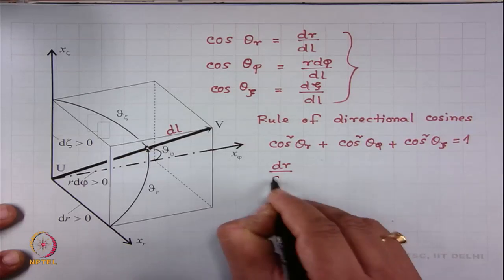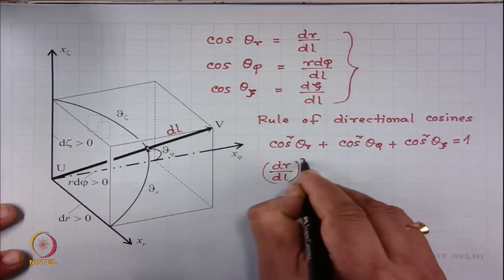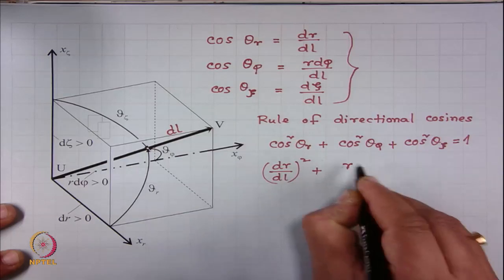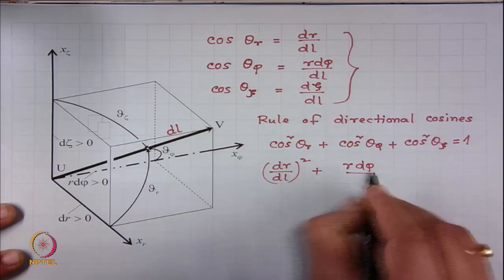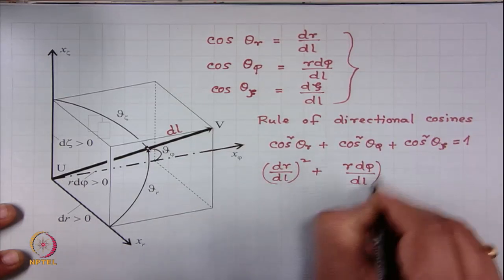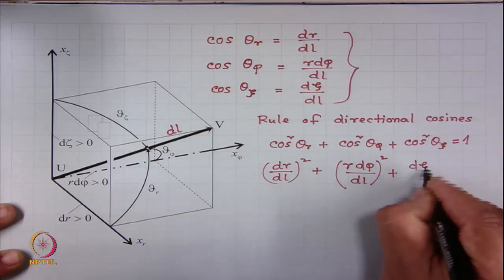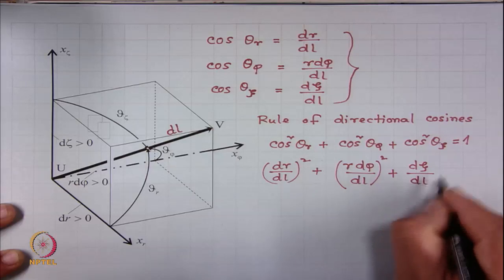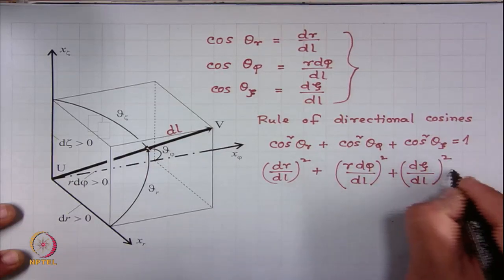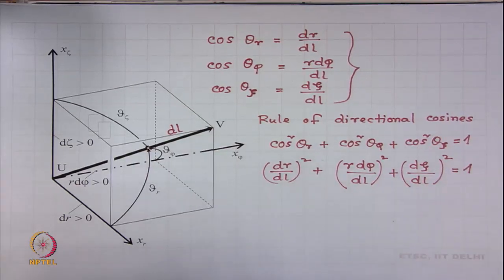(dr by dl) square plus (r d phi by dl) square plus (d zeta by dl) square is equal to 1.